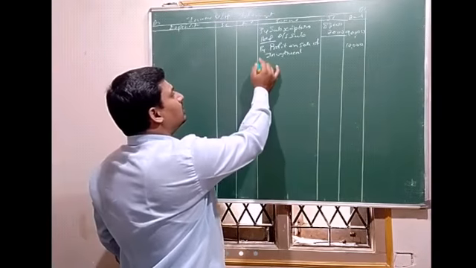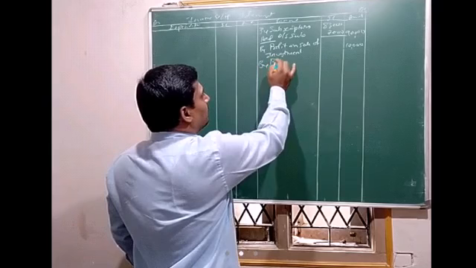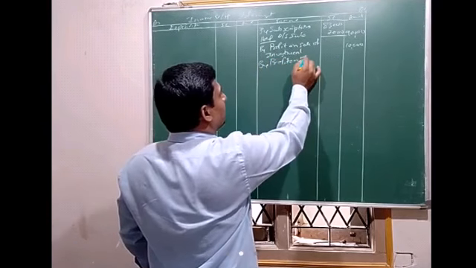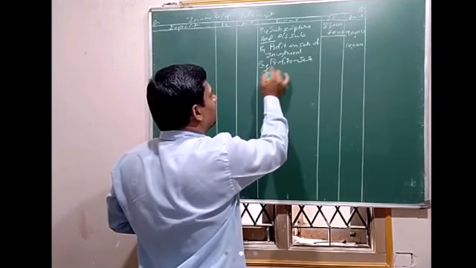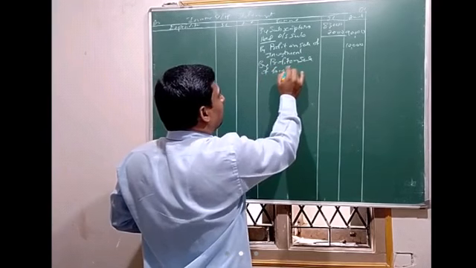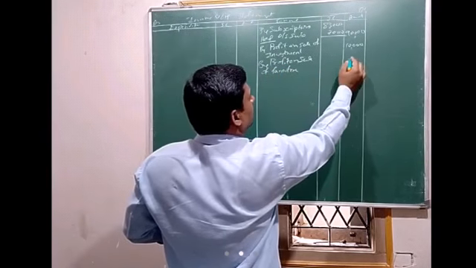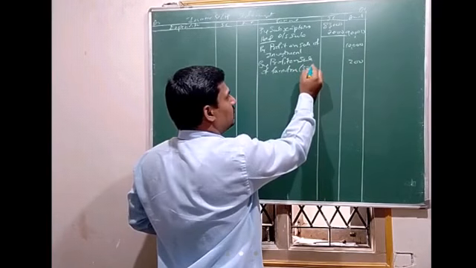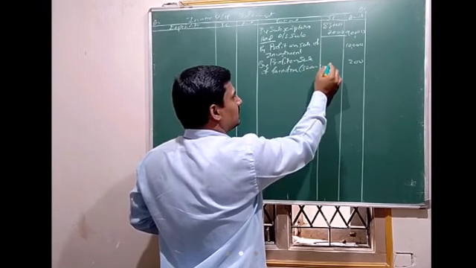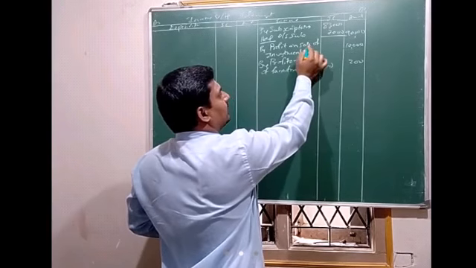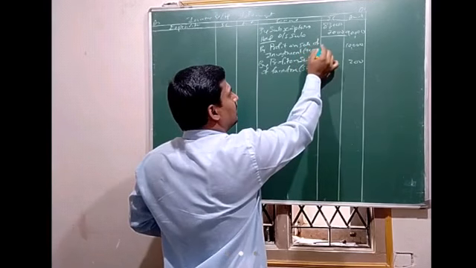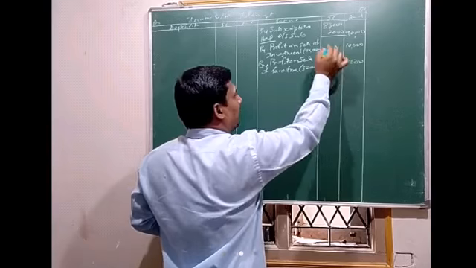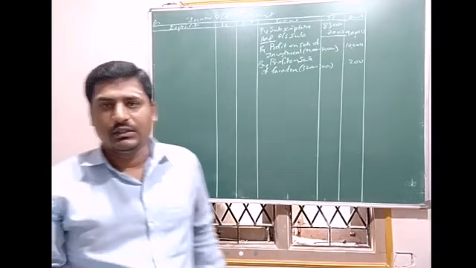Okay, so by profit on sale of furniture 200. If you want for your reference, you can write here 3,200 minus 3,000. Here also same, 90,000 minus 80,000 for your reference.